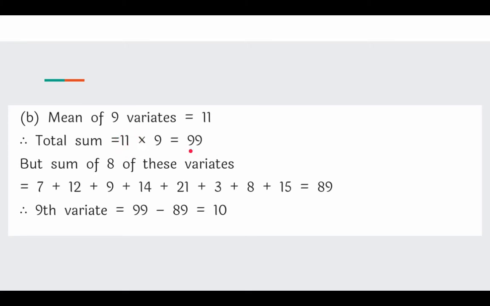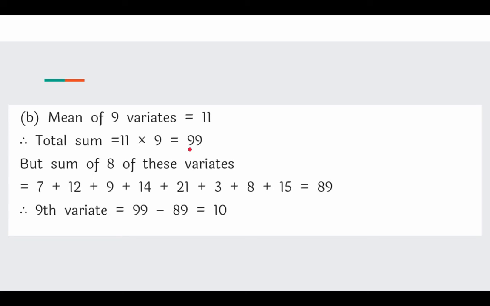Clear, students, this part? What's the formula for mean? Mean is equal to the sum of all observations upon the number of observations. So if I am asking you the sum of all observations, it will be the number of observations n multiplied by the mean. Simply cross multiplication. So the total sum of all observations comes out 11 nines are 99.